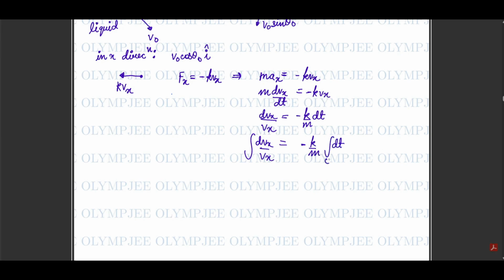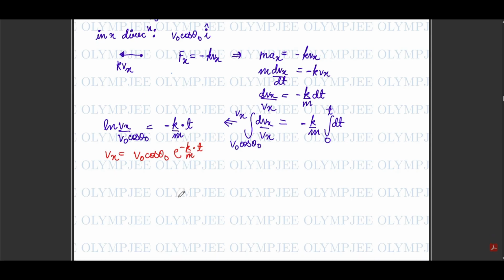We know that at t equal to 0, the velocity is v naught cos theta naught, and at any random t we take it as vx, which gives us ln of vx by v naught cos theta naught is equal to minus k by m t, which finally gives us vx is equal to v naught cos theta naught e raised to power minus k by m t. This was the analysis in x direction.